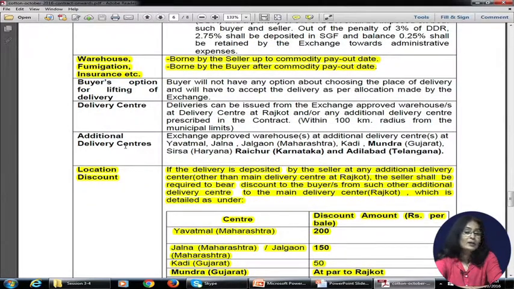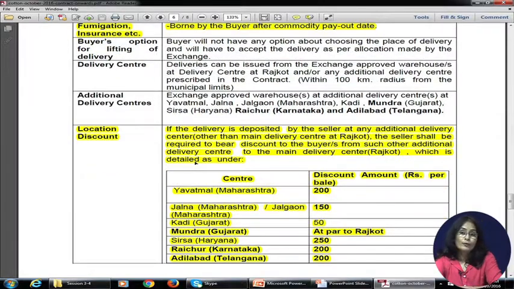Now, the delivery can happen in an additional delivery center. If the sellers, instead of delivering at Rajkot, have the goods already stored at exchange approved warehouses at locations other than Rajkot, like, let's say, Yavatmal in Maharashtra, or Mundra in Gujarat, or Kadi in Gujarat, or Jalgaon in Maharashtra, they will be receiving a lesser amount.